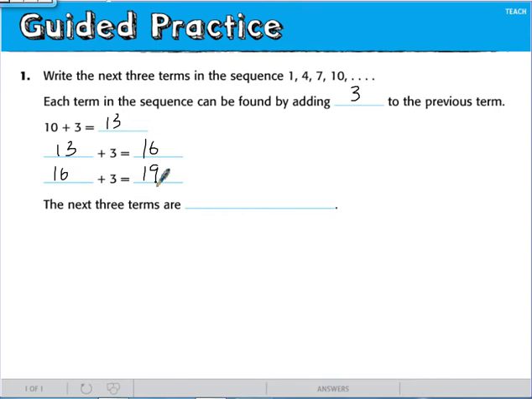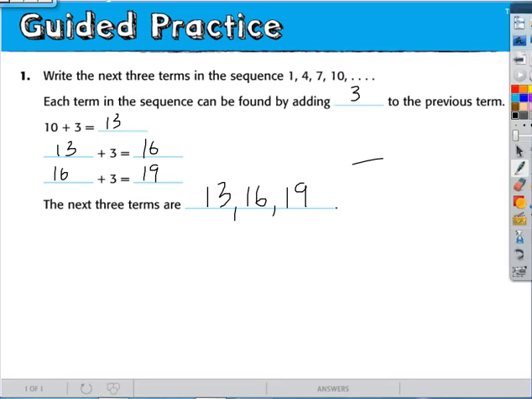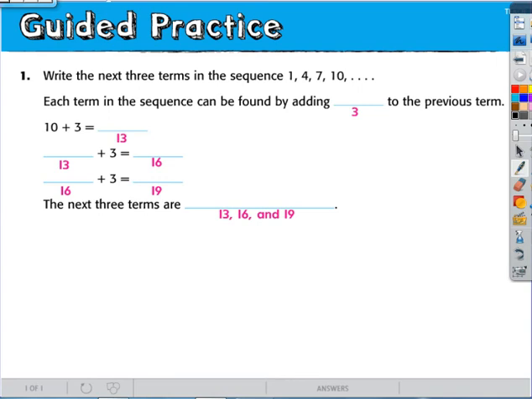So the next 3 terms are 13, 16, and 19. Very good.